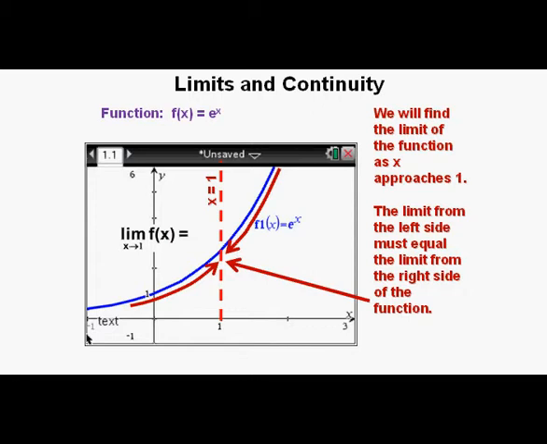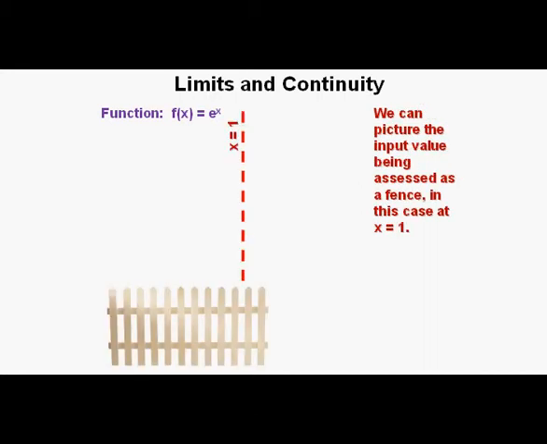To have a limit as x approaches a real number requires the limit from the left side of the x value to equal the limit from the right side of the value. And graphically we can see that there is a limit because the left side of the function meets up with the right side of the function at x = 1.